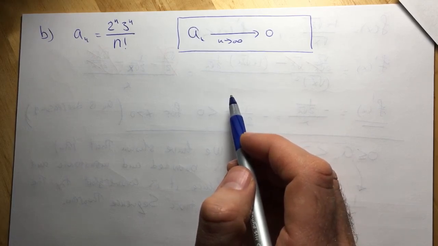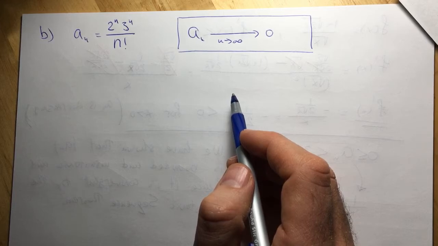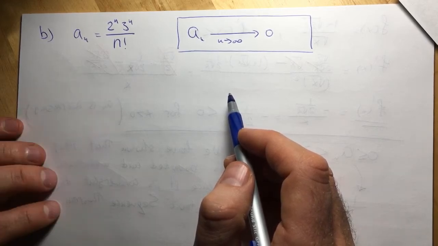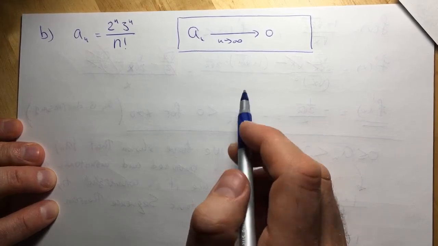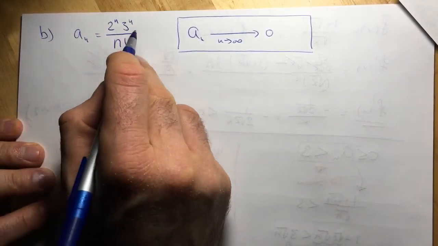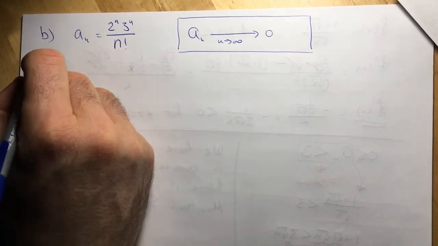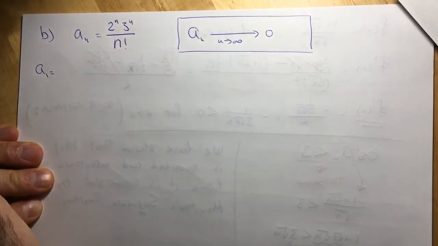But I want to use the monotonic sequence theorem just to practice how to show that this sequence is bounded and monotonic. Okay, so again, I don't know whether this sequence is convergent or increasing or decreasing, so let's just write down the first few terms.